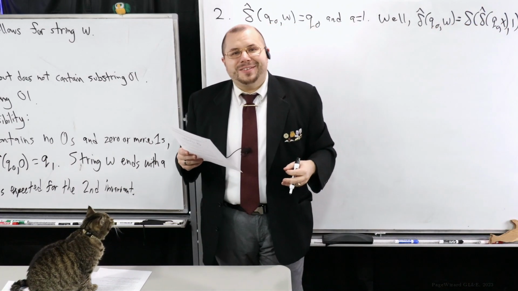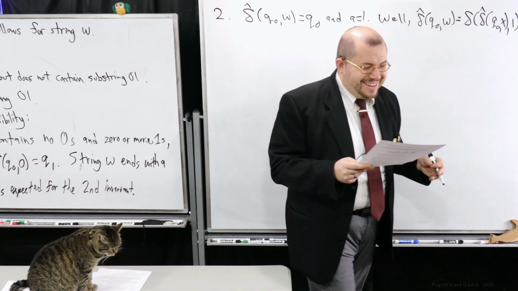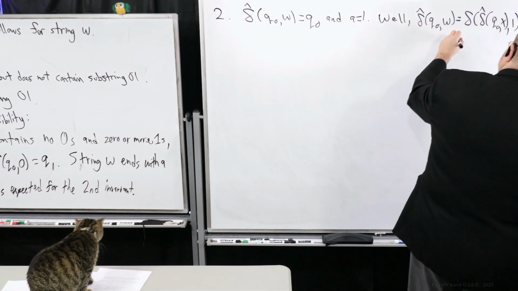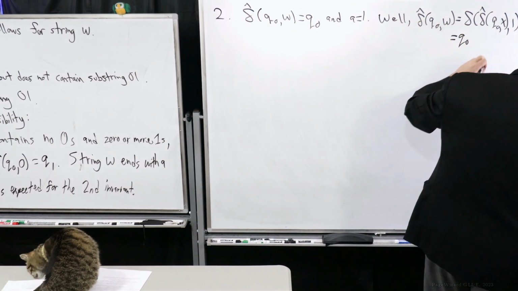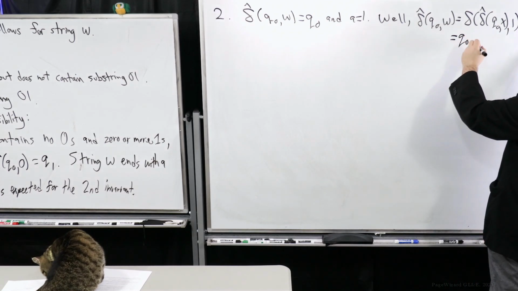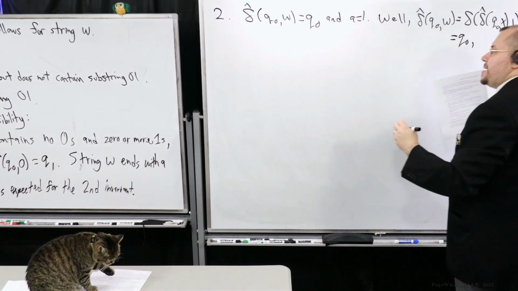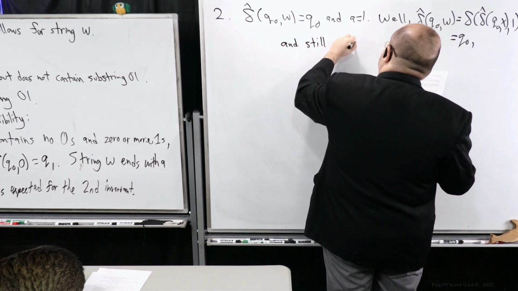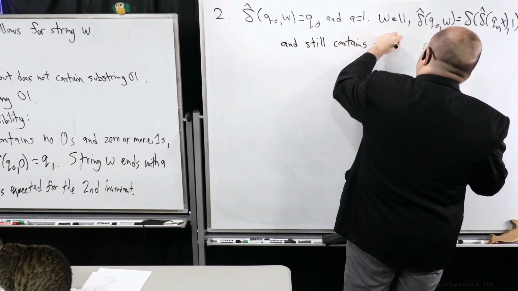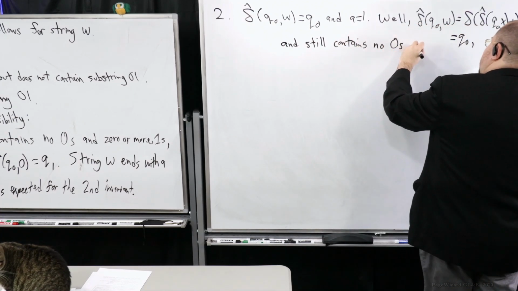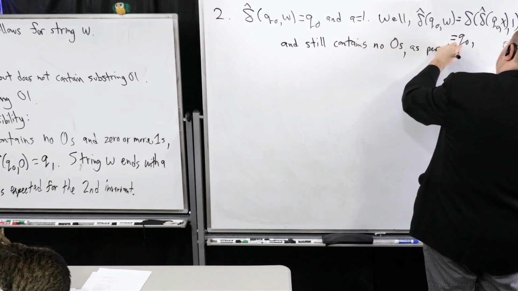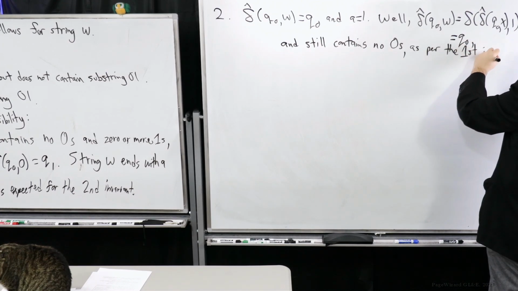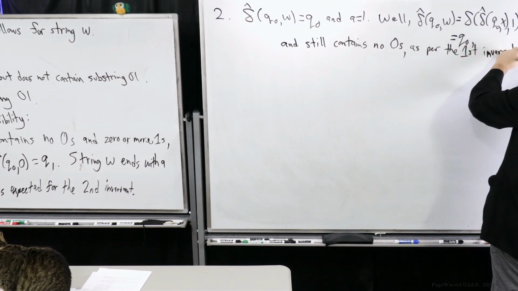What happens? Did we encounter a 0 yet? No, right? So we're still in Q0, and it still contains no zeros, as per the first invariant.